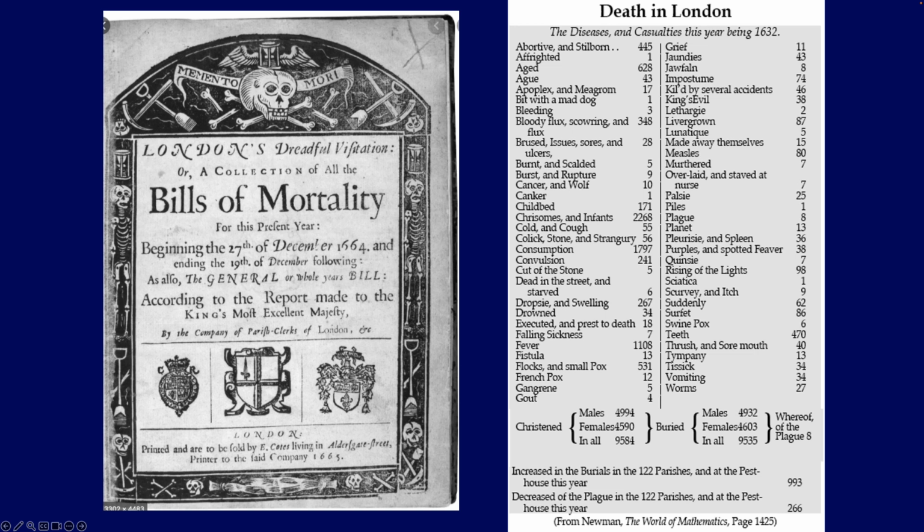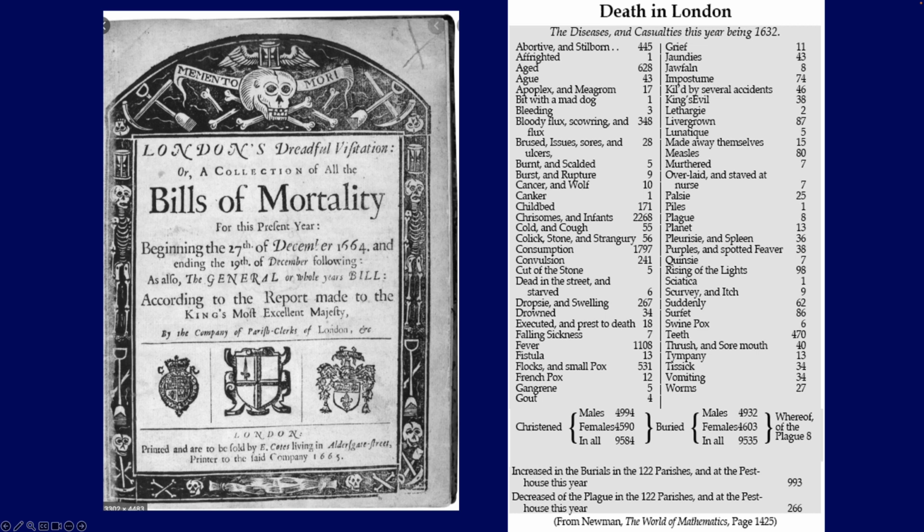However, there were causes that were much more common, including infectious causes. Here you can see consumption. Almost 1,800 of those deaths were thought to be due to consumption, which is tuberculosis. And another 1,100 or so are due to fever, which could be a variety of different infectious causes. And here we have flocks and smallpox at 531.